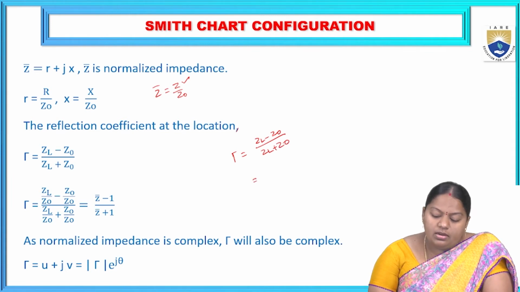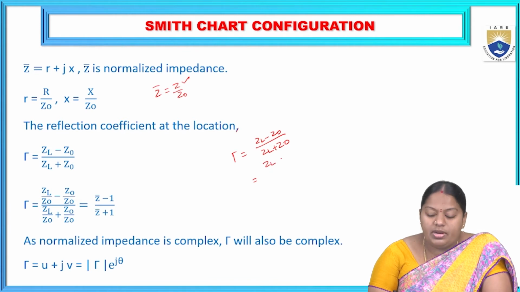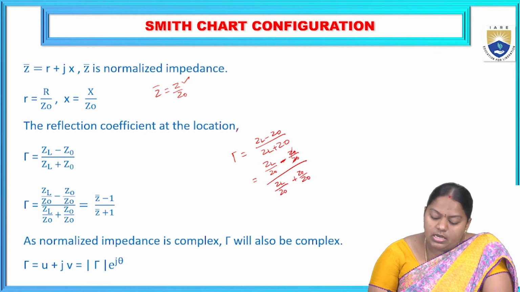Now, if you divide the total equation, numerator as well as denominator, by Z naught, it means ZL by Z naught minus Z naught by Z naught, over ZL by Z naught plus Z naught by Z naught. So the Z naught terms get cancelled, and ZL by Z naught is considered to be Z bar.